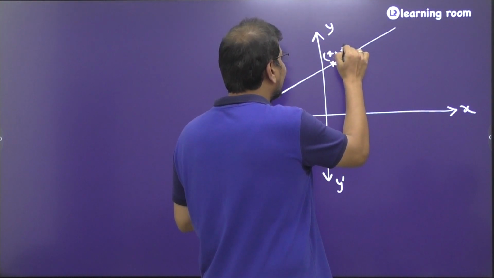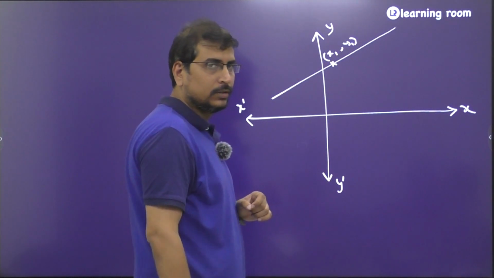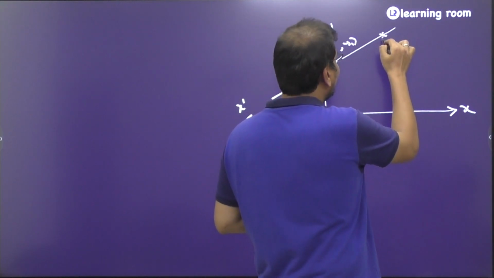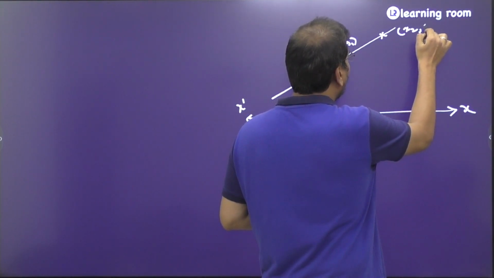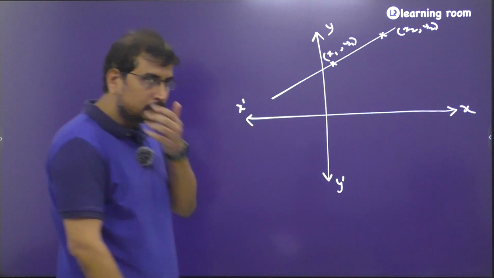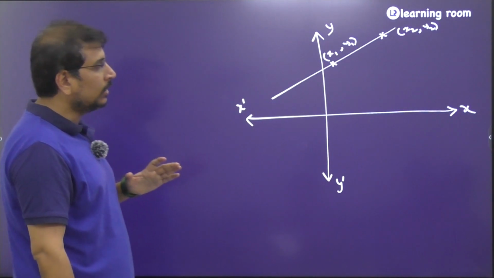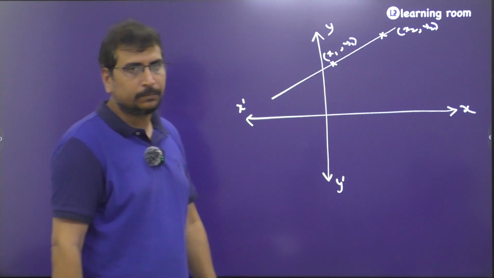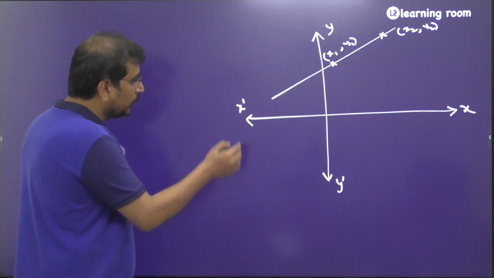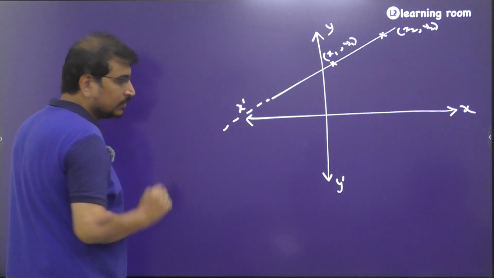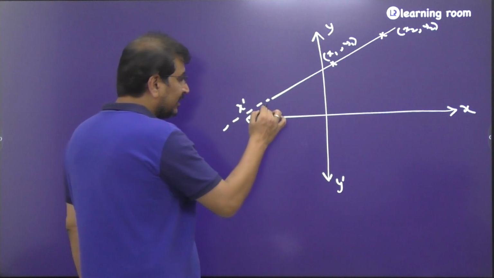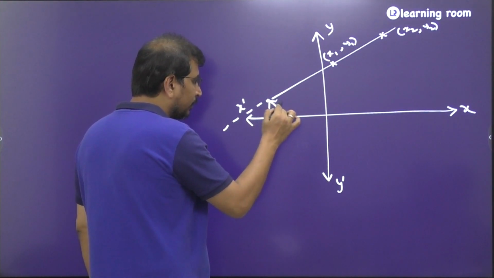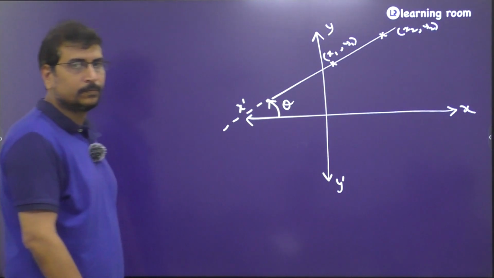Let me call one x1, comma y1, and the other point x2, comma y2. Okay. Now my job is to define the slope of this line. For that, I will extend it like this. Then I will see what angle it is making with respect to the horizontal.